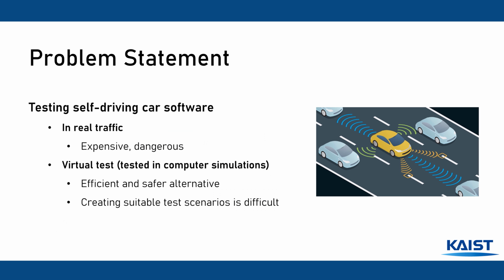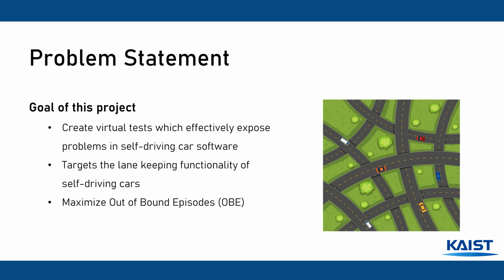However, it is difficult to make a proper scenario for testing in exactly the road network for simulation. Therefore, the goal of this project is to automatically create test data to find problems with autonomous driving software.